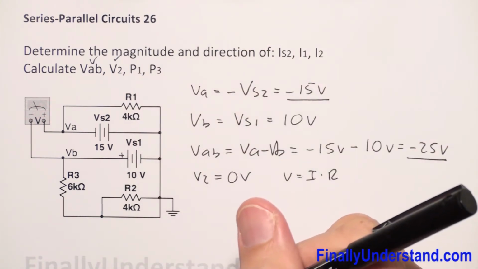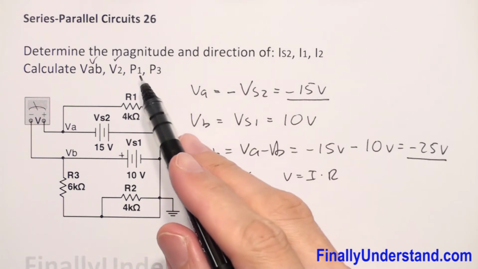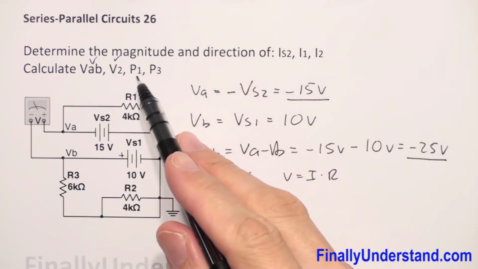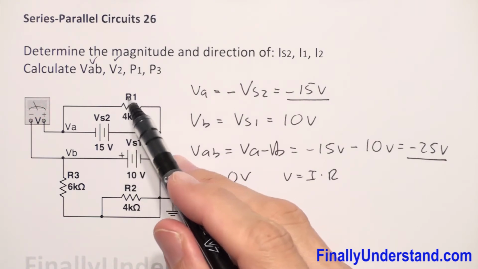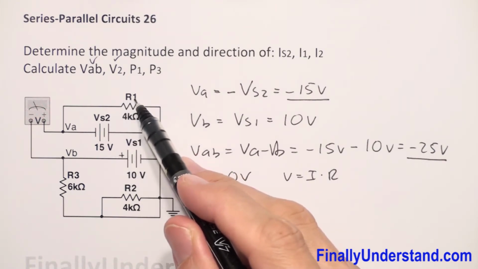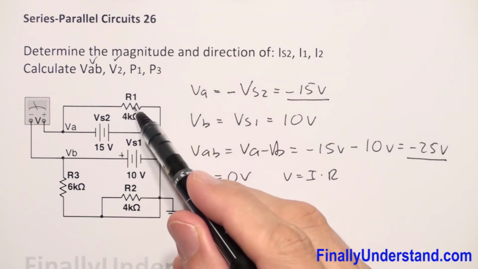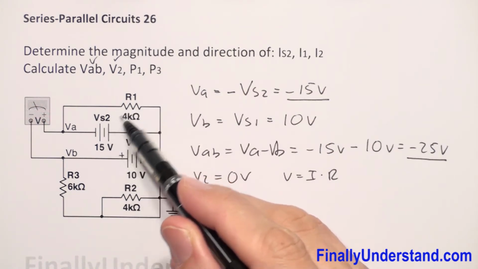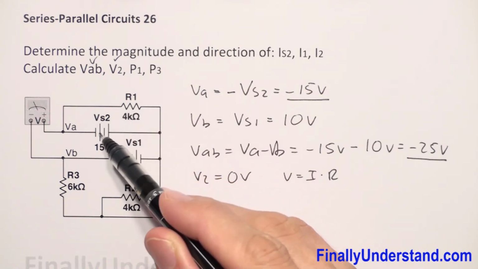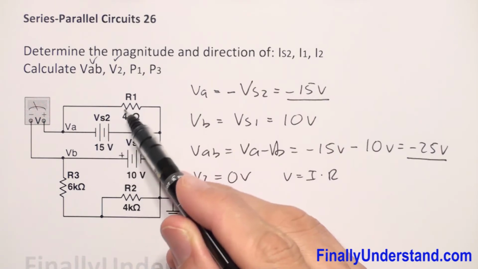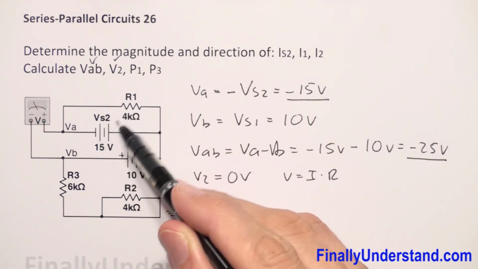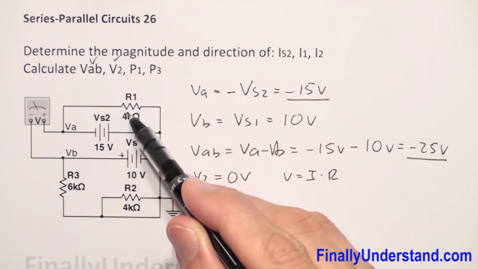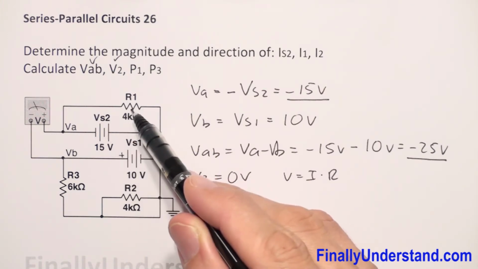Now we can find, let's say, P1, the power at resistor R1. Please notice that this resistor is connected directly to voltage source 2. This voltage source is in parallel with this resistor, so this voltage is across this resistor.